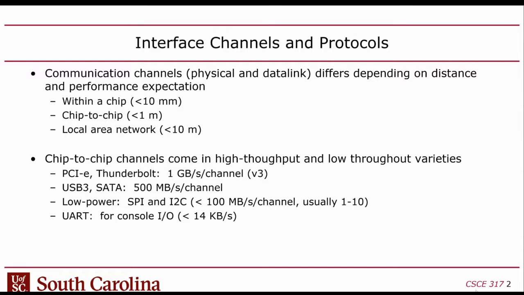You've got 16 bit-serial links that are bound together. So there are different types of communication channels, but they're handled differently whether you're inside a chip, like within 10 millimeters, or doing chip to chip, or doing a local area network type thing. So this all depends on the length.